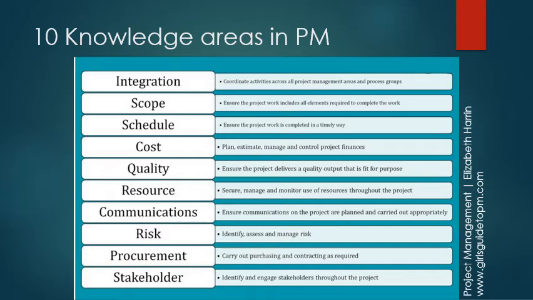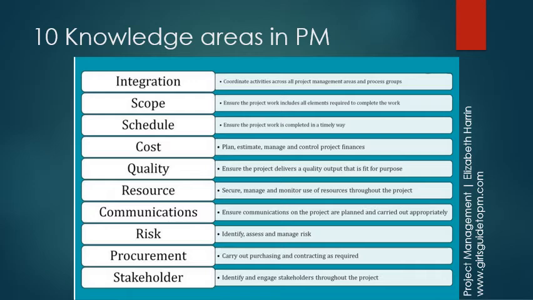Communications, ensuring communications are planned and carried out appropriately. This could be within your team, but it also could be ensuring that the different levels in your organization are kept apprised of the progress of your project, especially if you're going to need to access additional resources or something like that.